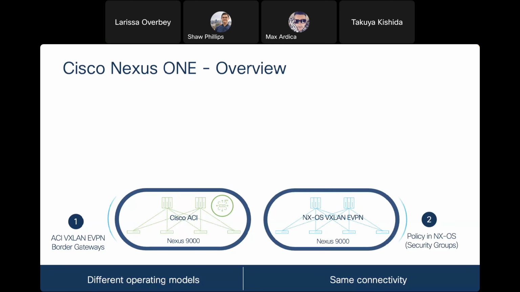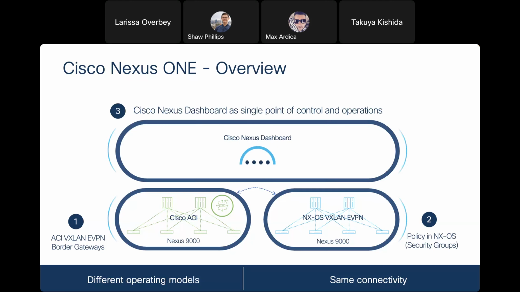The second component is the new group policy option in NX-OS. This provides the security segmentation that many of you may know as ESGs in ACI, but this is done in an NX-OS environment. The third component is Cisco Nexus Dashboard.